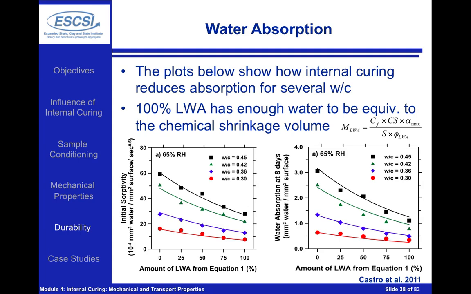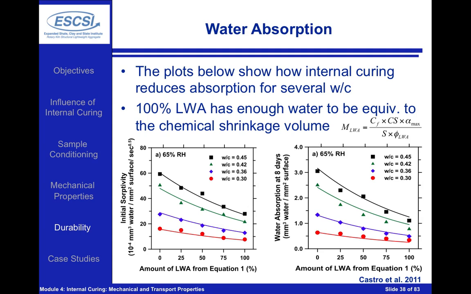And what we can see is that as we internally cure our concrete, both the initial rate of water absorption in the plot on the left-hand side, the initial sorptivity, and the plot on the right-hand side, which is the total amount of water being absorbed, decrease as we use lightweight aggregate in the system.